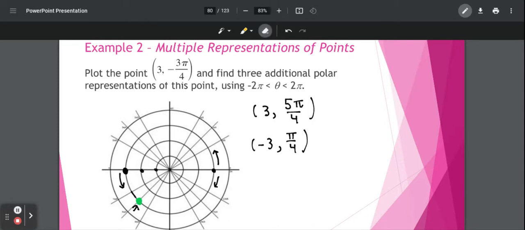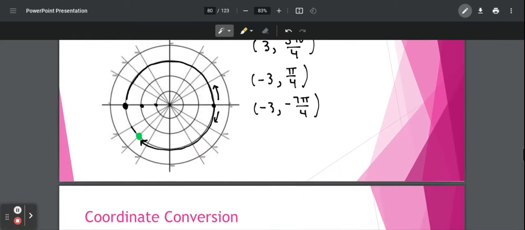Or, because I think it says 3 additional points, we could do another negative 3, but we could go in the negative direction, right? So here we could go all the way around to here, which gets us at negative 7 pi over 4. So those would be 3 different ways that you could represent that same point.